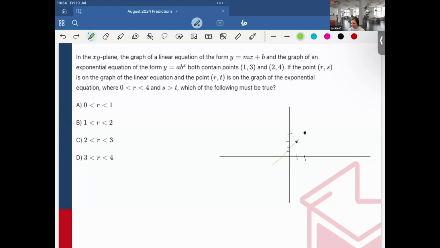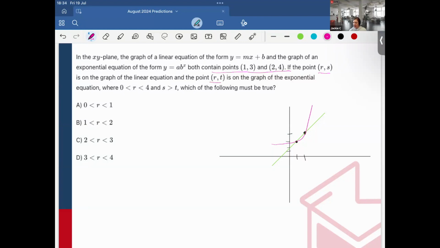It won't be perfect, but something like this, right? And if the exponential equation also goes through those 2 points, then it's got to be something like this.